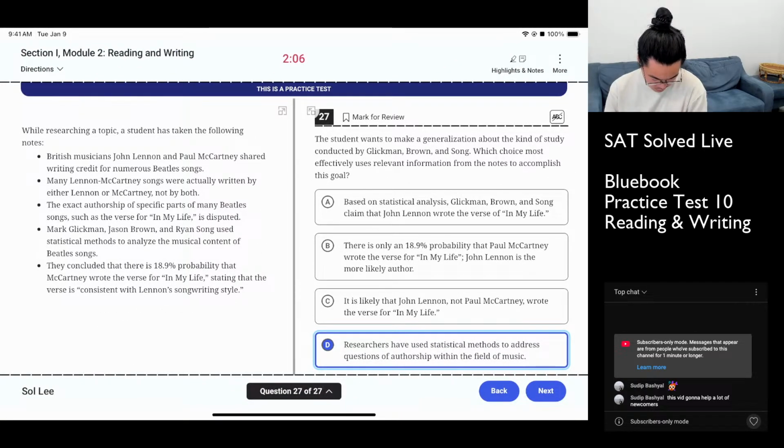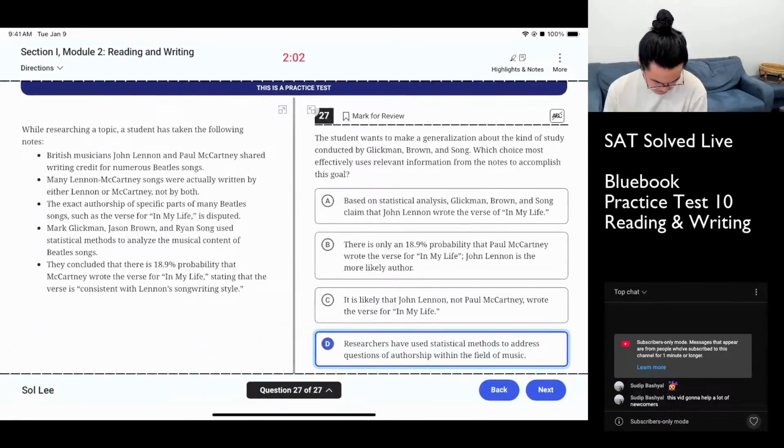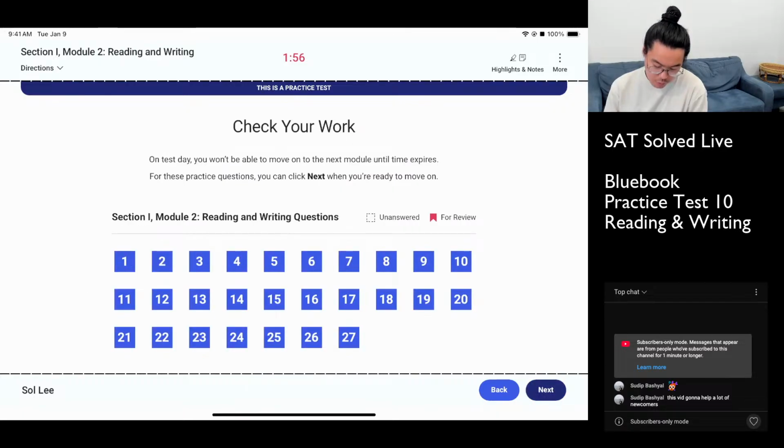I guess so, because this implies it's only one out of many. Yeah. All right. Nothing else is generalization. I'm moving on, and I am done with the 27 questions. That's an interesting generalization. All right, so with 2 minutes left, I am finished with the 27 questions.